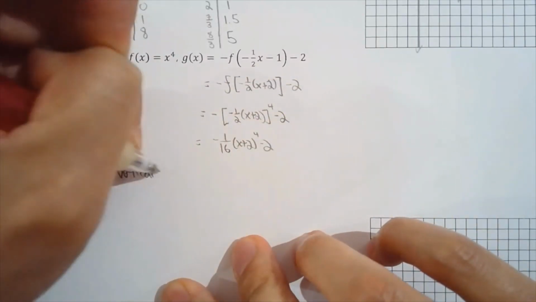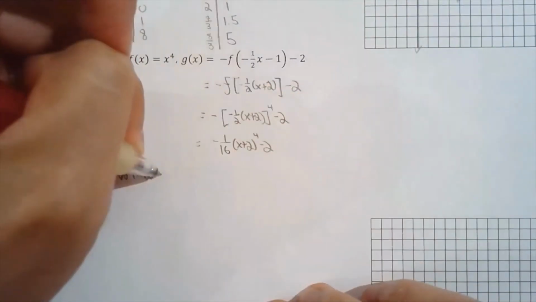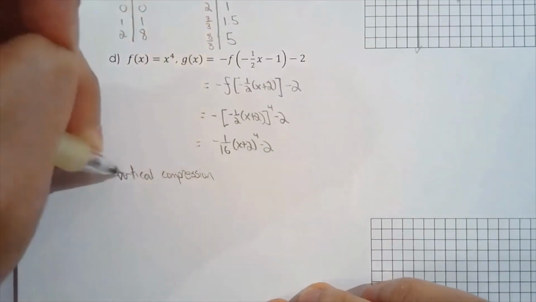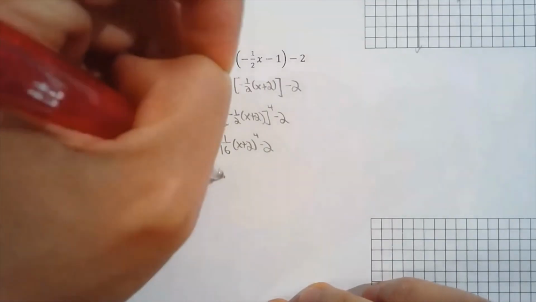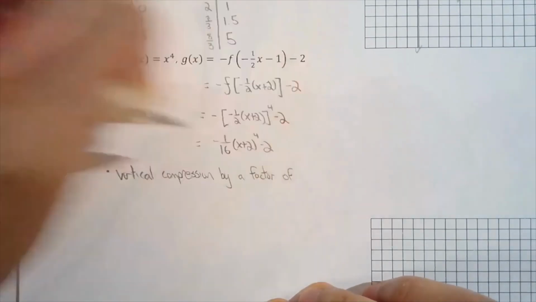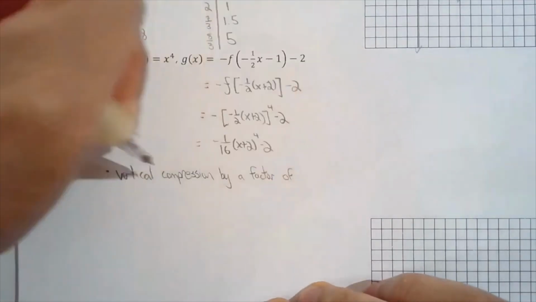I actually teach my students that they can also say vertical stretch by a factor of 1 over 16, but I'll be consistent with the rest of my lesson here. Vertical compression by a factor of 16, because a vertical stretch by a factor of 1 over 16 is multiplying by 1 over 16, which is the same as dividing by 16. Anyways, vertical compression by a factor of 16.